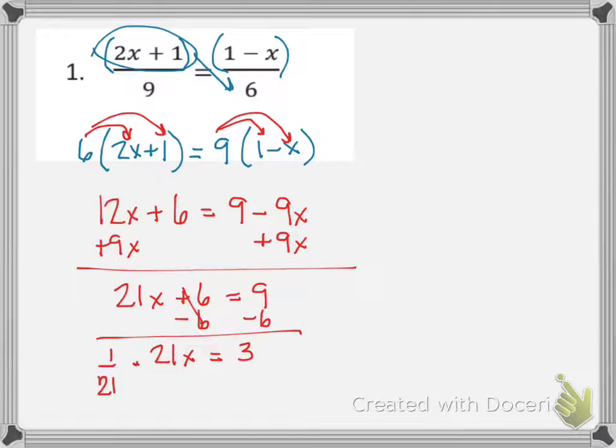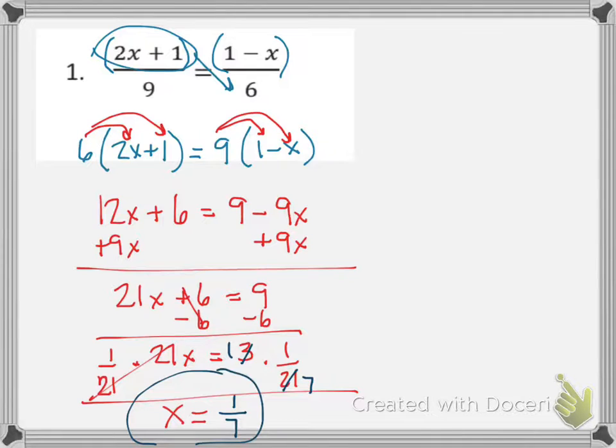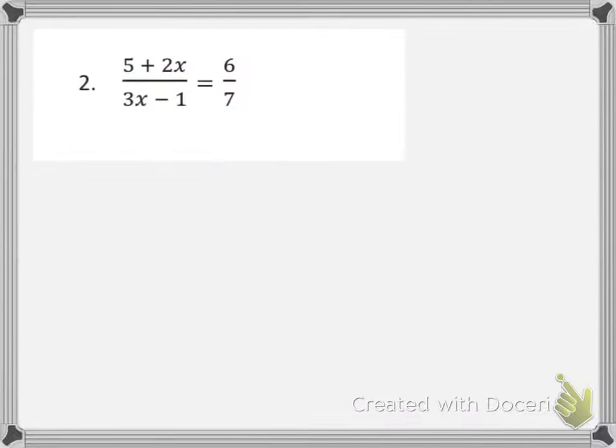That's 1 over 21 times 1 over 21, and we get x equals, well, look, I like to simplify before I multiply if I can, and in this case we can. 3 goes into 3 once, 3 goes into 21 7 times, so my answer is 1/7. X equals 1/7. All right, so let's move on to number 2.